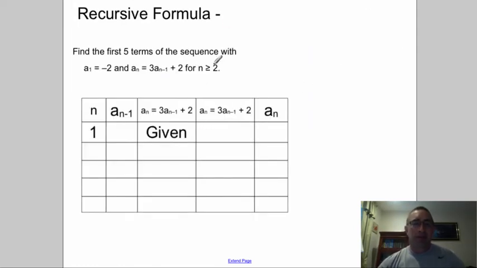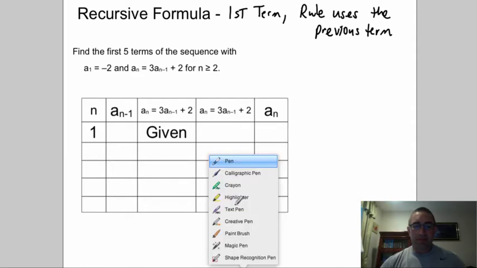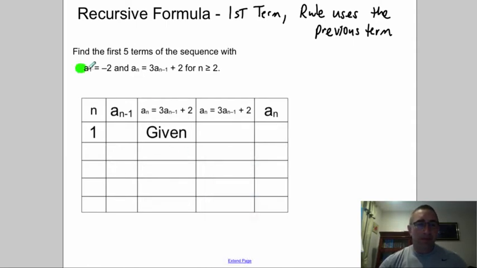Again, we have a recursive formula. We're given the first term, and we're given a rule that uses the previous term. Okay, so you can see that information right here.